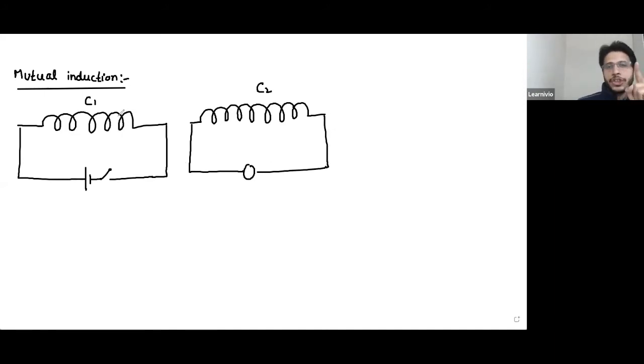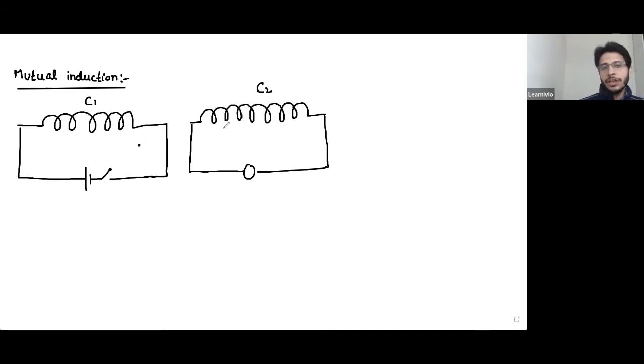So if I change magnetic field in coil 1 or if I change current in coil 1, then some EMF will induce in coil 2. I'm changing current in 1 and EMF will induce in 2. This is known as mutual induction.